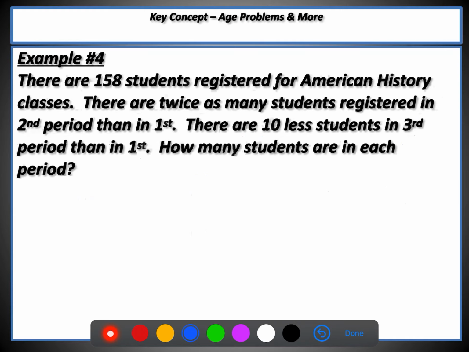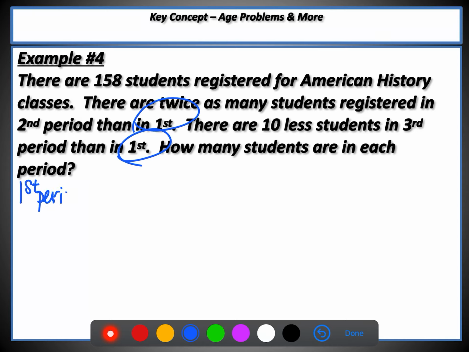So instead of people, we're looking at class periods. There are 10 less students in third period than in first. How many students are in each period? So which period are they all being compared to? They're all being compared to first.